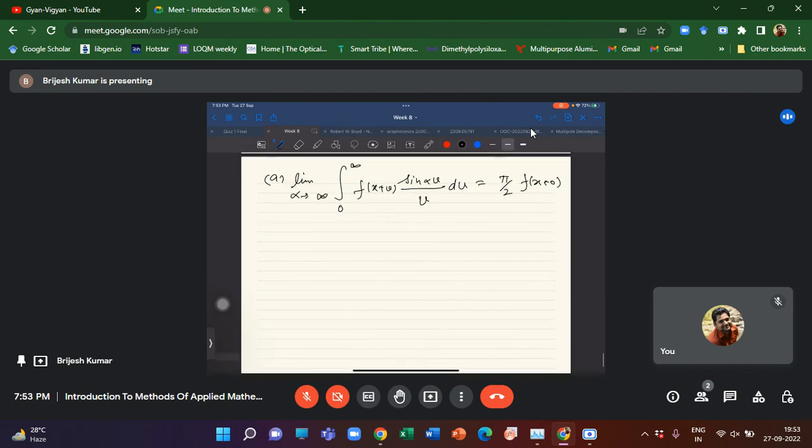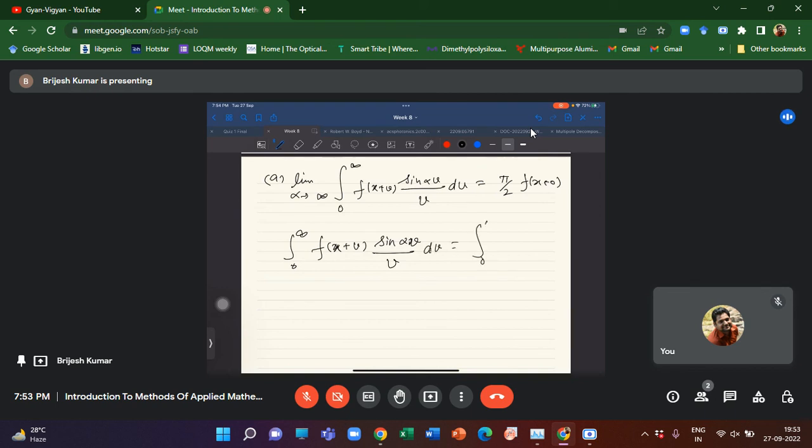So to prove this one, first we have the integral from 0 to infinity of f(x plus v) sin alpha v over v dv.